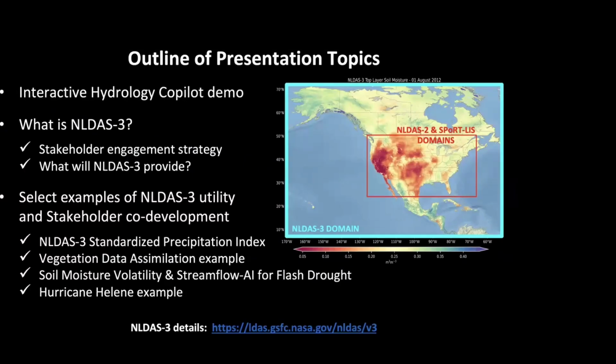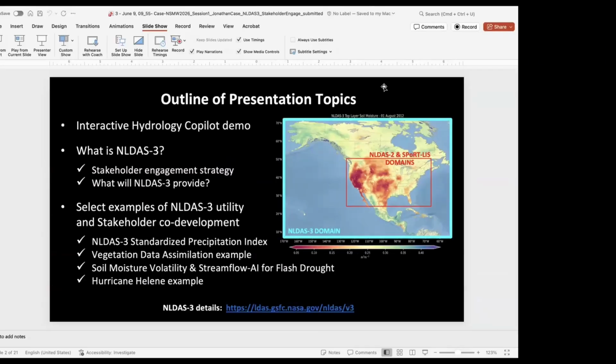So here's the outline of the talk. So we're talking about a North America scale 1 kilometer resolution land surface modeling data set that we're developing here at NASA. So I'm going to show you a demo of this LLM interaction that Maya Hashima, our team member, has worked up. And then after that, we're going to talk about stakeholder engagement.